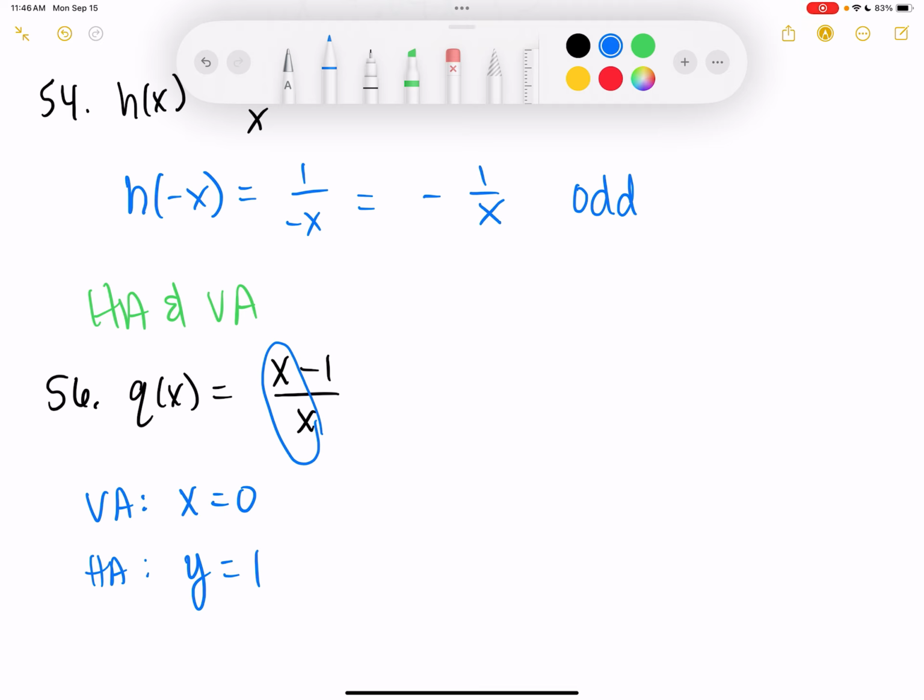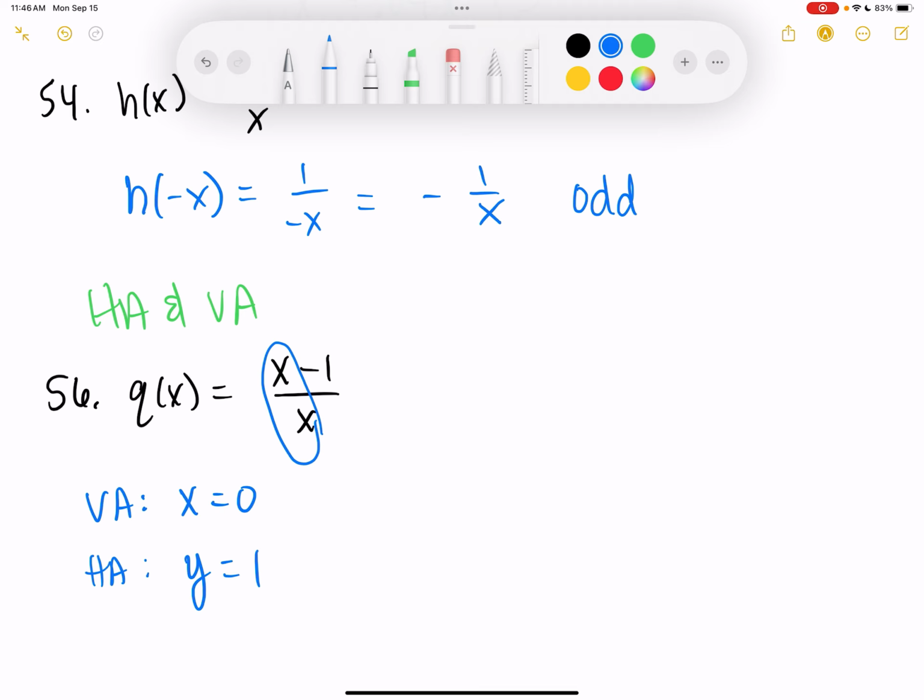Use the coefficient. You said the vertical only occurs when the denominator is 0. So if the denominator was 16, then the vertical asymptote wouldn't exist.